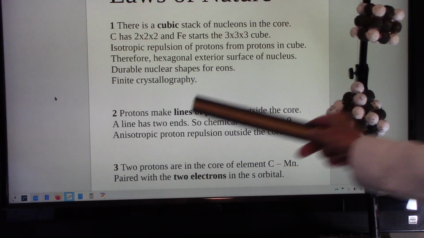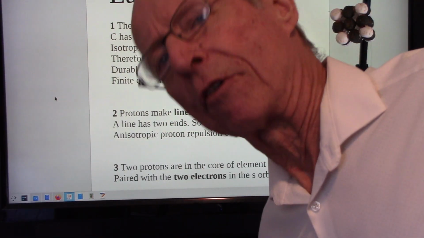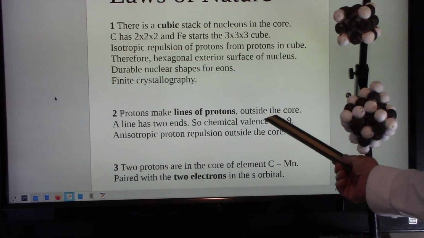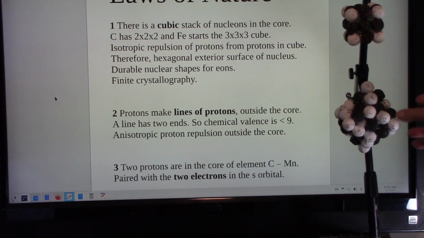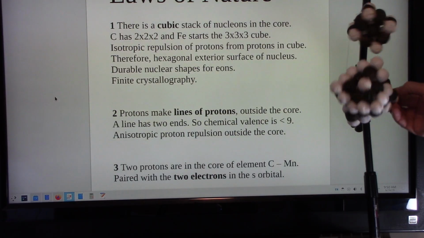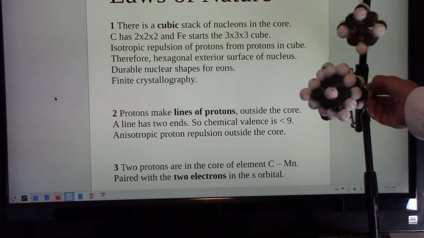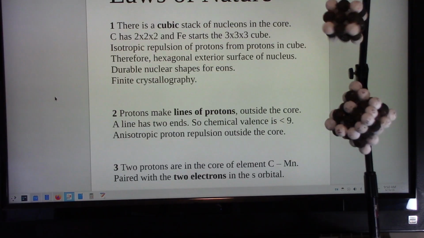Second law, protons make lines of protons. Now this is very important, so remember this one. Outside the core, protons make lines of protons, as you see in iron. And the lines can sometimes make rings, and a current can flow in the ring of protons. Now what kind of current is it?